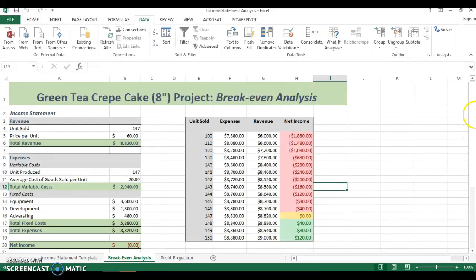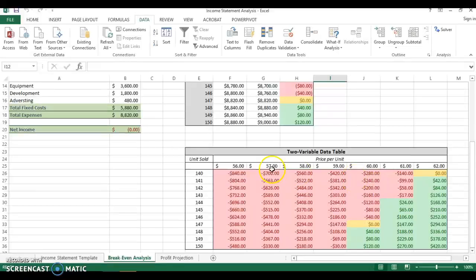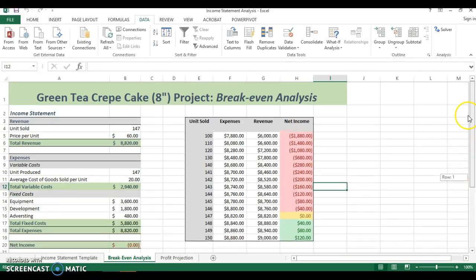The second data table I did is a two variable data table. In here I have the price per unit and the units of cake sold. To formulate this is a little bit different from the one variable data table.